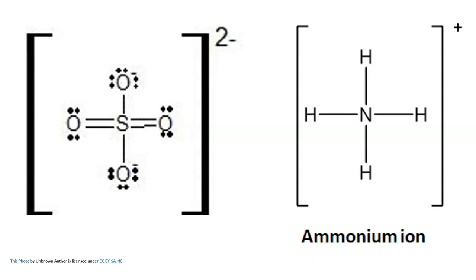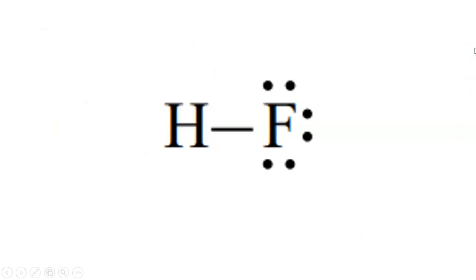With the negative charge, you gain them, so you're going to have to compensate for that. And the same thing goes on the right for your ammonium ion: you're going to subtract 1 electron from the total amount of valence shell electrons for your positive charge.